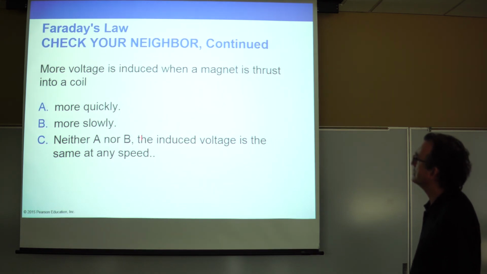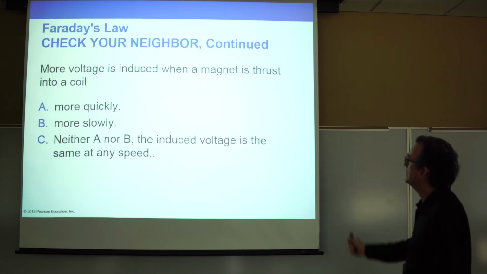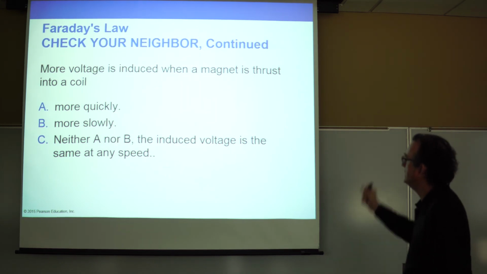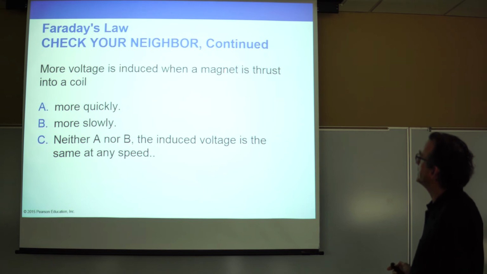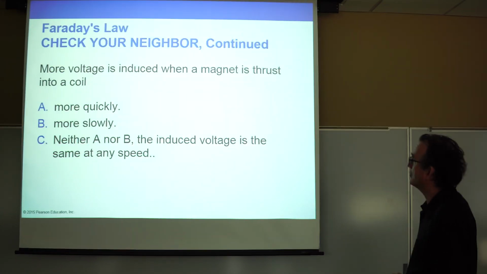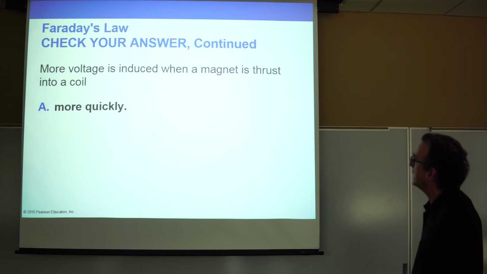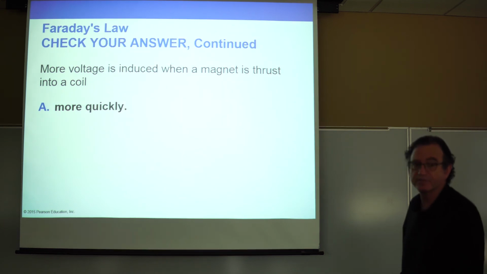The voltage generated on a coil is directly related to how quickly the magnetic field changes. So by pulling a magnet out of the coil quickly, I'm making a rapid change in the magnetic field in the coil, and that will generate a higher voltage as a result. So answer A: it must happen more quickly.